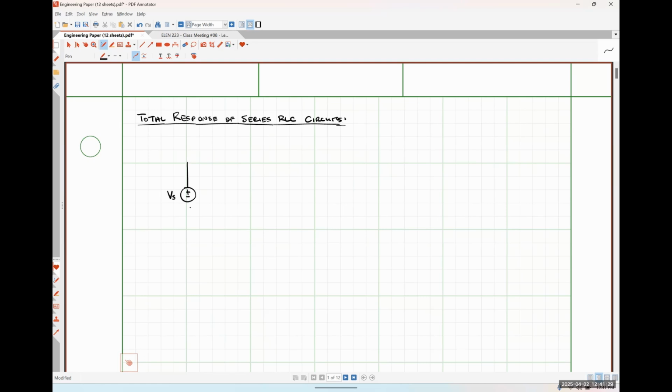So here I'm going to have some source voltage Vs. And for right now, I'm going to have my switch closed at position A, and it'll close down at position B at t equals 0, where that's just going to look like a short circuit like this. So effectively, the switch is going to open circuit the voltage source and close on that short.